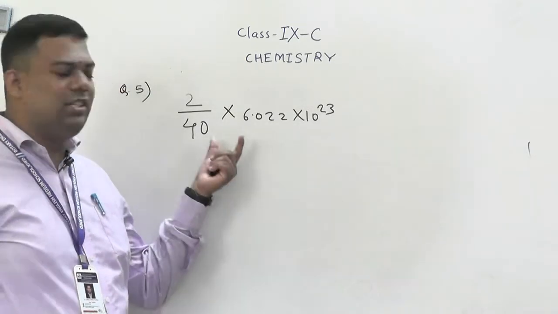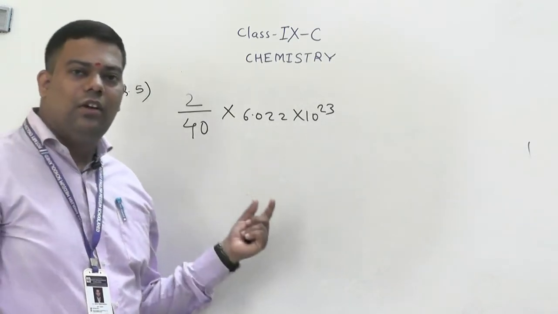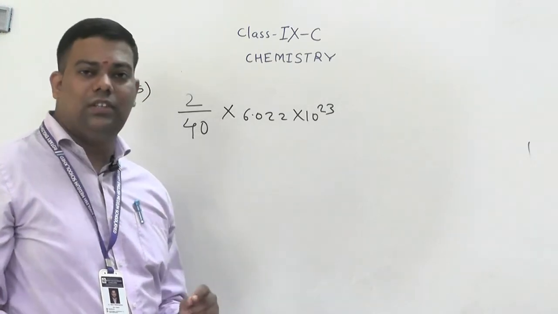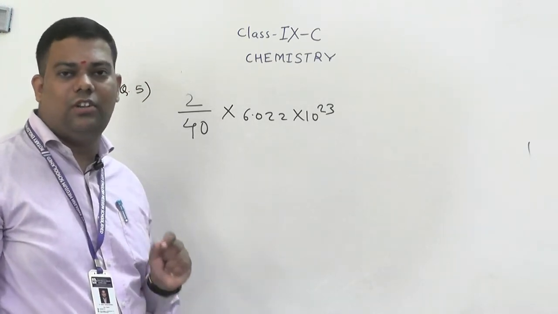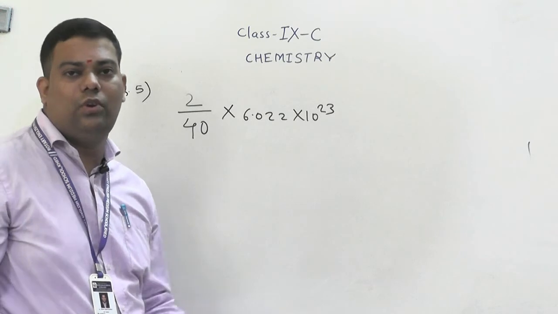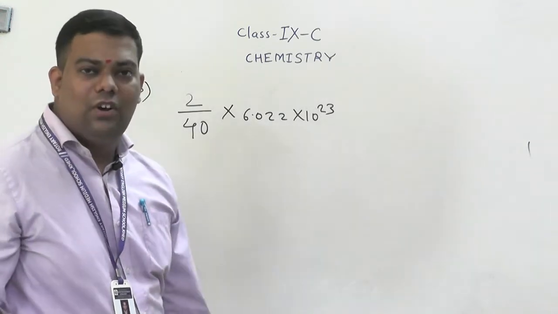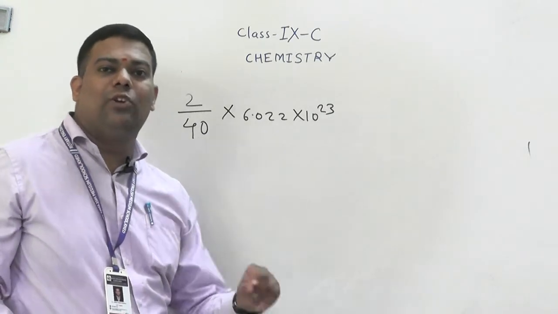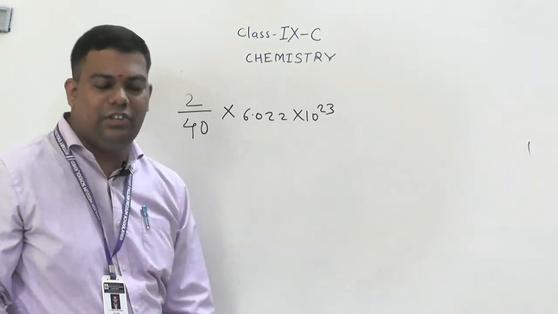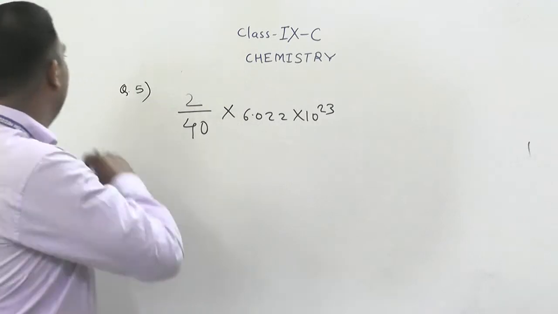So you can easily calculate this. Whatever I told you, you must concentrate on the difference between how many atoms are present and how many grams. How many atoms are present in a particular quantity, it is a difference. So keep this in mind.